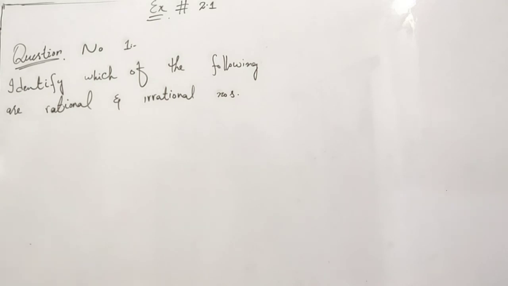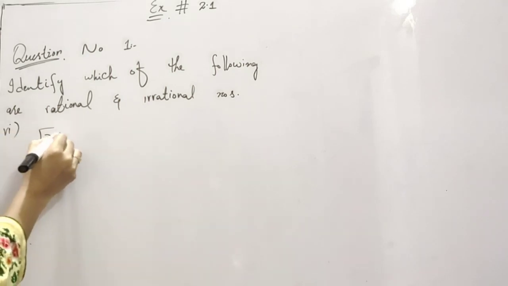Now we will move toward the last part of question number 1, and the last part is square root 29.